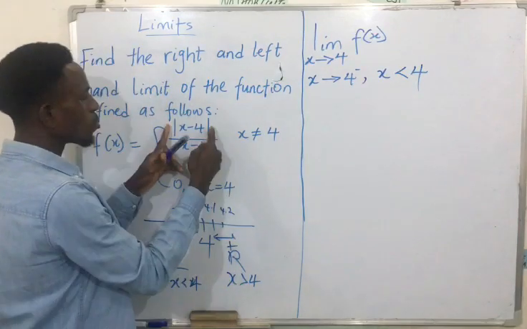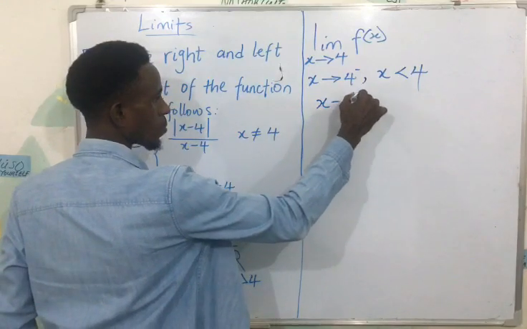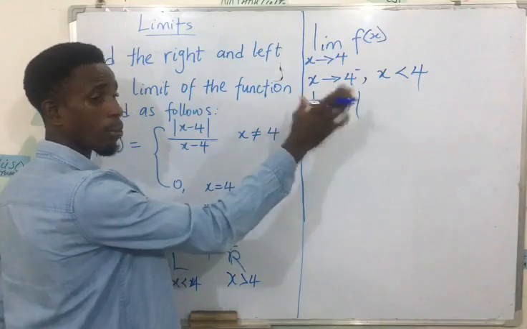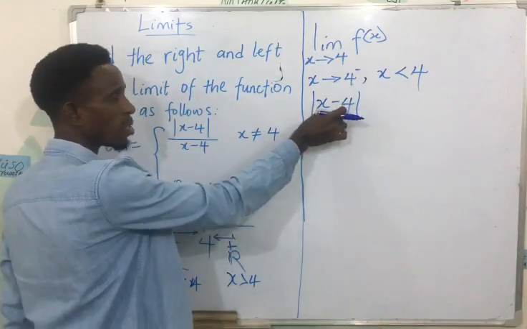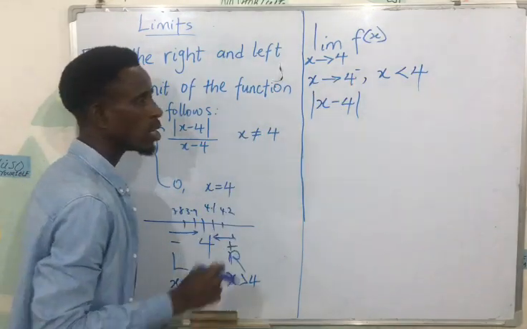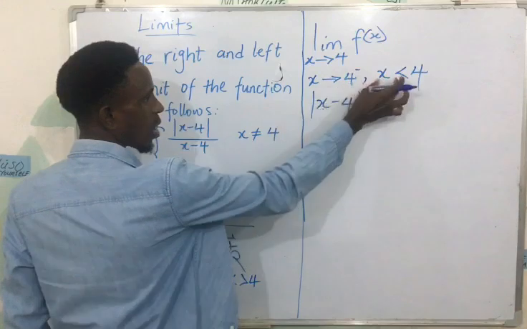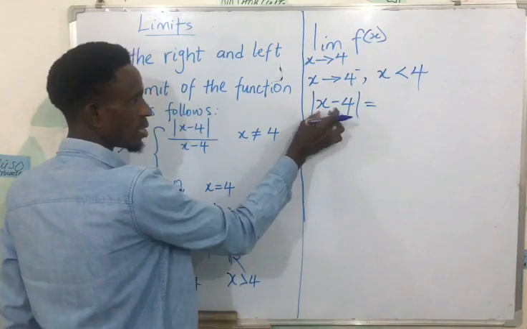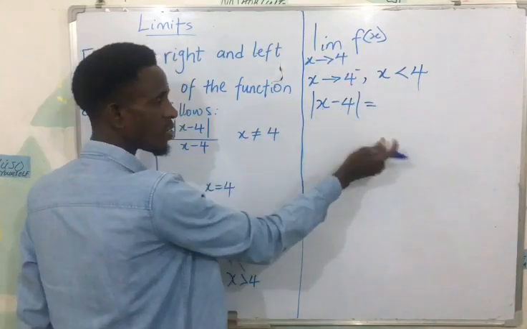Good. Then come to this point here. I have the absolute value of x minus 4. Absolute means it has to be a positive number. Even if I get a negative number by the end of the day, I would need it to be positive. So in this scenario, since x is less than 4, if I subtract 4 from a number less than 4, I'm going to have a negative number, right?